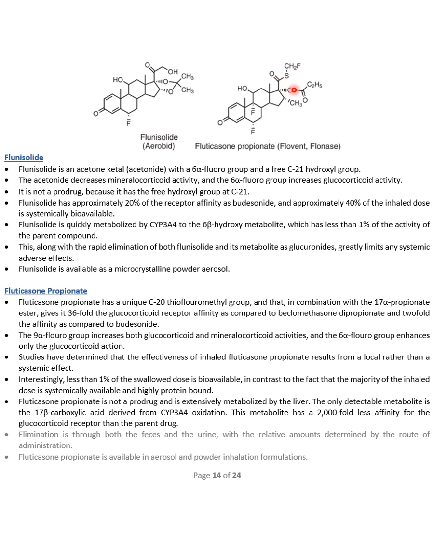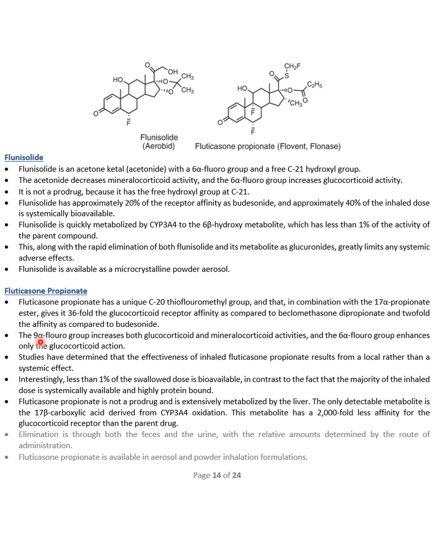On the other hand, the presence of this group here, the propionate, at position 17 would give a 36-fold enhancement to the affinity for the glucocorticoid receptor compared to beclomethasone, and twofold the affinity compared to budesonide.